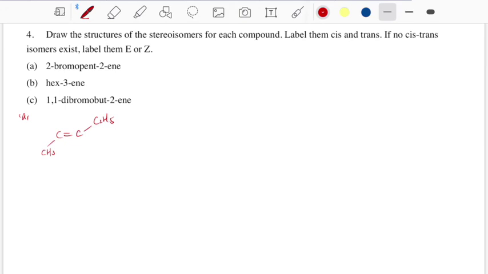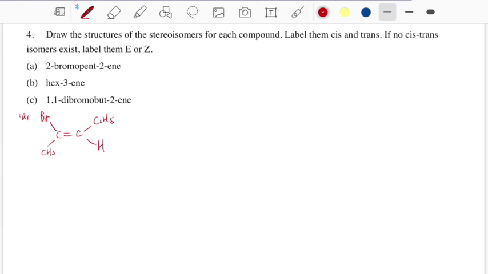Then we put the bromine attached to the double bond. We have 2-bromo, that means the bromine is attached to the second carbon, so it should be this one.